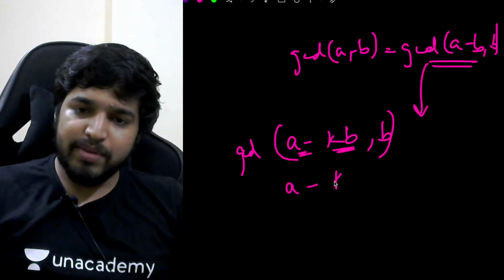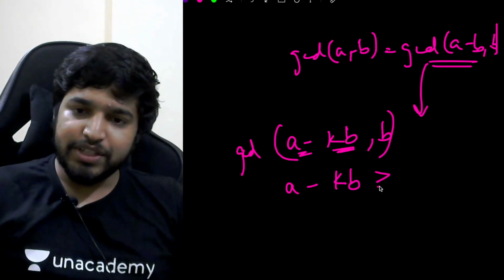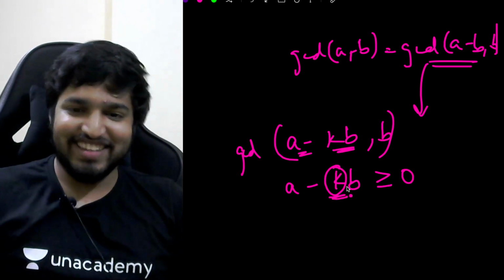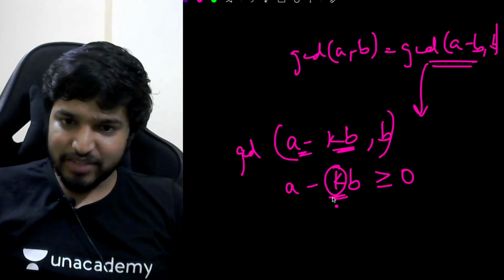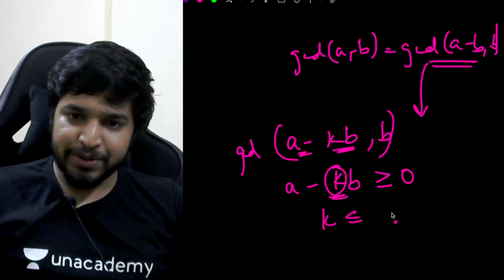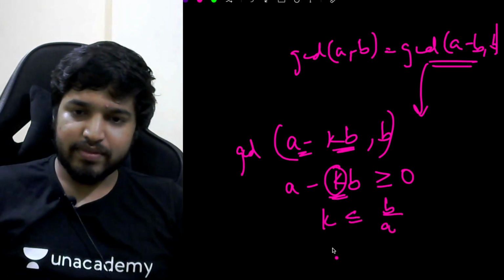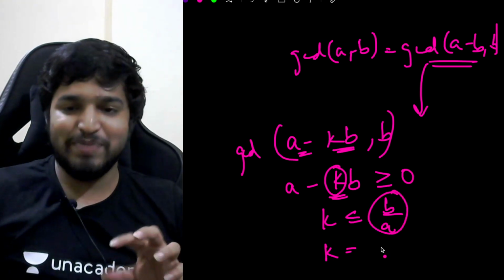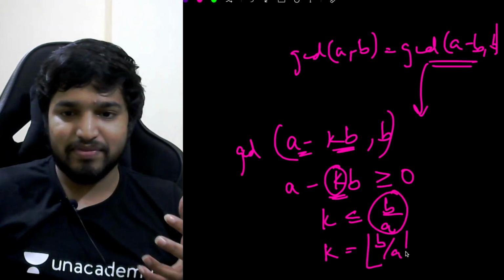A minus KB greater than or equal to 0. You need to find the largest such K, essentially, so that we keep doing this. K is less than or equal to A by B, meaning K is the largest integer less than or equal to A by B, which means K is floor of A by B.